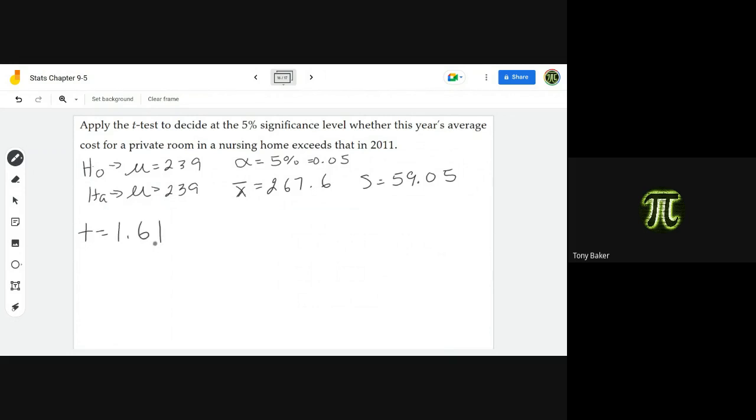Okay. And we're doing a one-tailed test for this one. And we're doing a right-tailed.